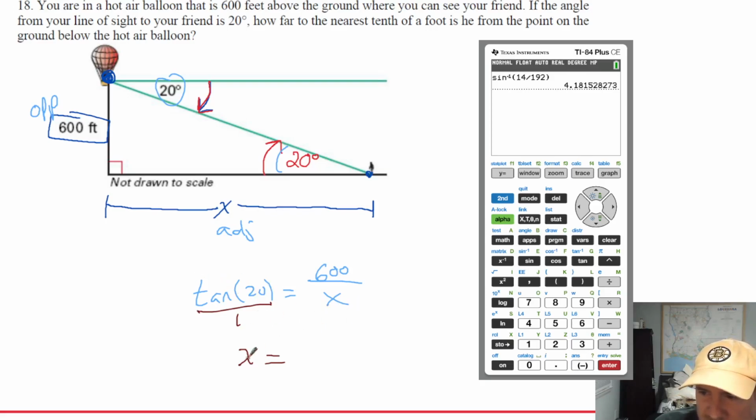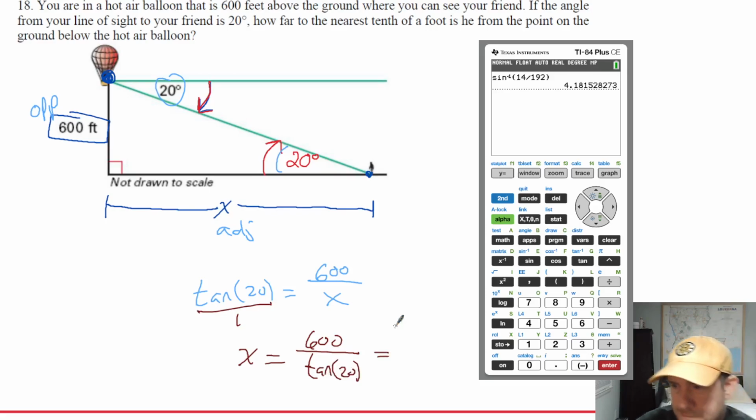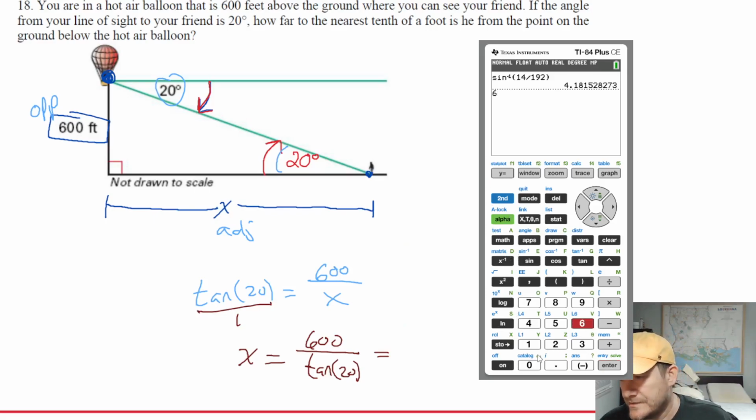So the tangent 20 would fall off of the x and you would get 600 divided by tan 20. And I'm going to use the easy way to do this again. So let's just do 600 divided by tan 20. So I'm getting 1648.49.